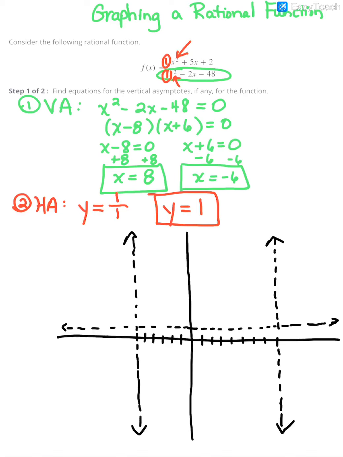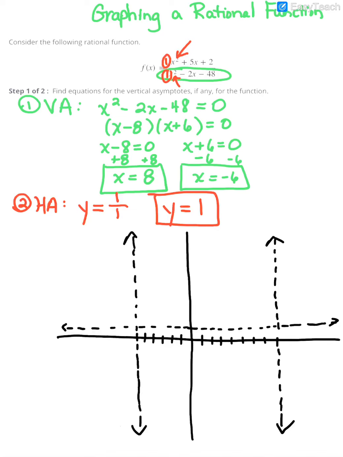Now, we'll get some test points, because mainly what we've got to do at this point, if we look over at this region on the left, you're either going to have a piece that's going here following your asymptotes or down here. So we have to figure out which of those two pieces you have. So we need a point in this region.